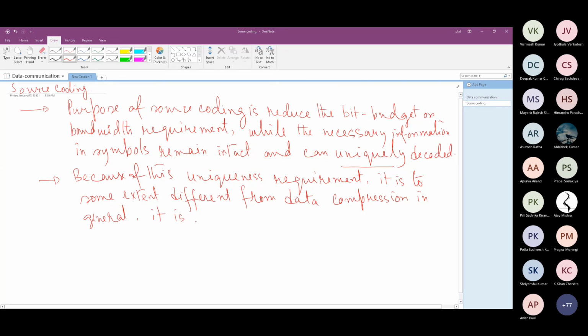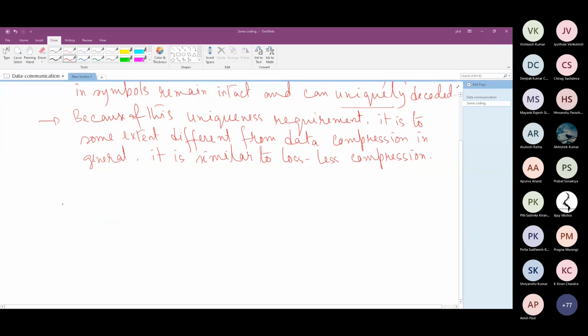Sir, what is bit budget and bandwidth requirement? To represent information, we require a certain number of symbols, and in the case of binary representations, the symbols will vary.